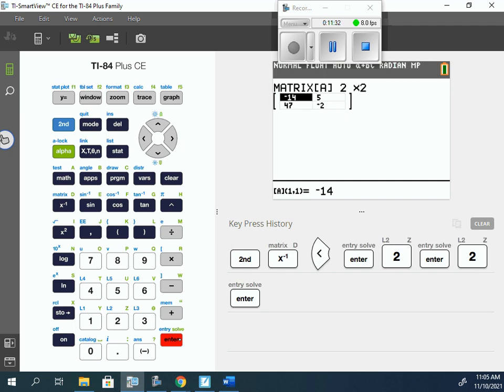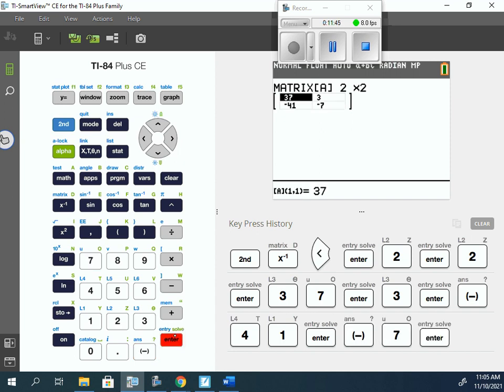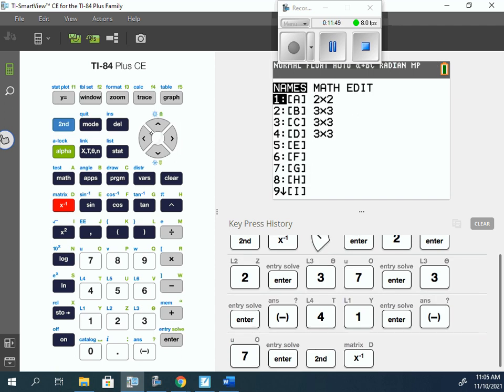Now our first matrix would be 37, 3, negative 41, and negative 7.